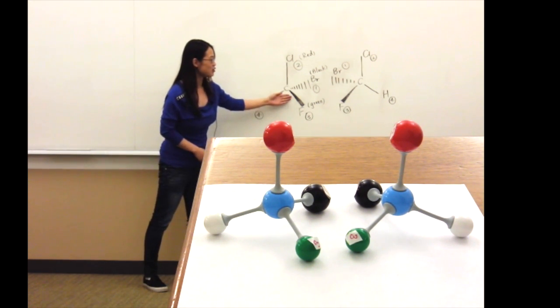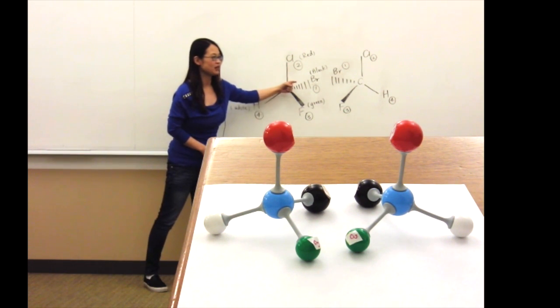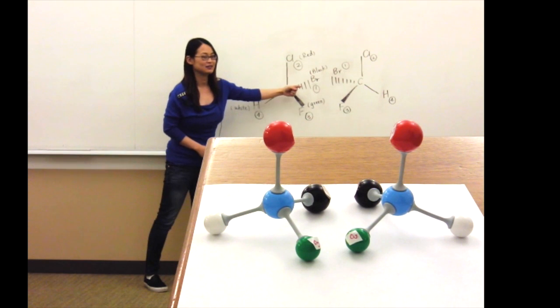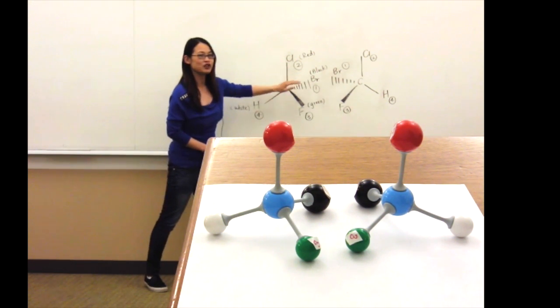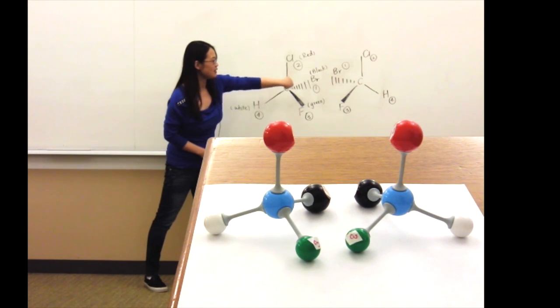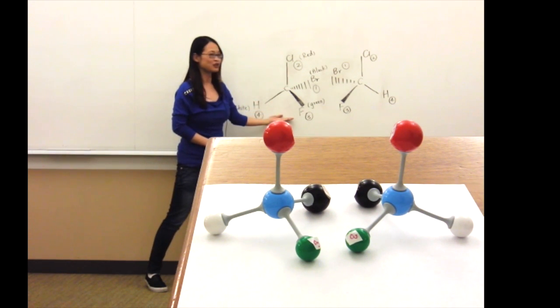This black wedge means that this green functional group is pointing towards us. This dash means that this black functional group is pointing inside the board and pointing away from us. So this one is actually a representation of the molecule on your left hand.